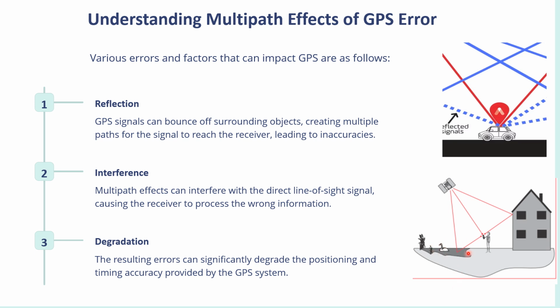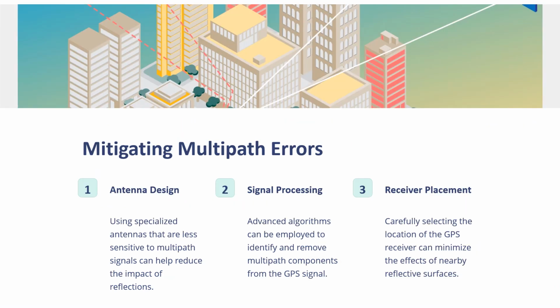Suppose there is a lake: the signal from the satellite is not directly reaching the receiver. It first reaches a point in the lake, and then it is received by the GPS receiver. That can lead to wrong information and degrade the positioning and timing accuracy provided by the GPS system.